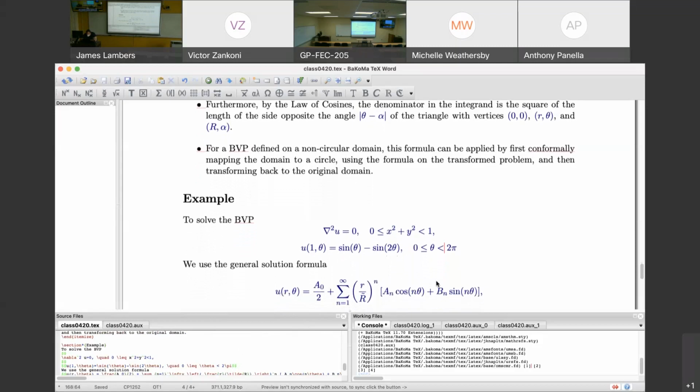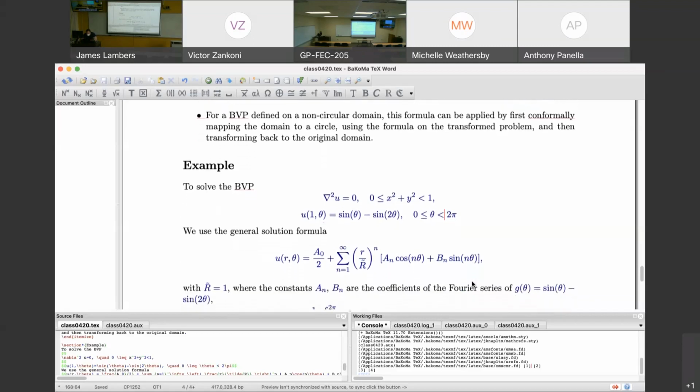Here's a solution formula that I put up before. Now I fill in the particulars. So R tilde is equal to 1 in this case because we're on a unit circle.